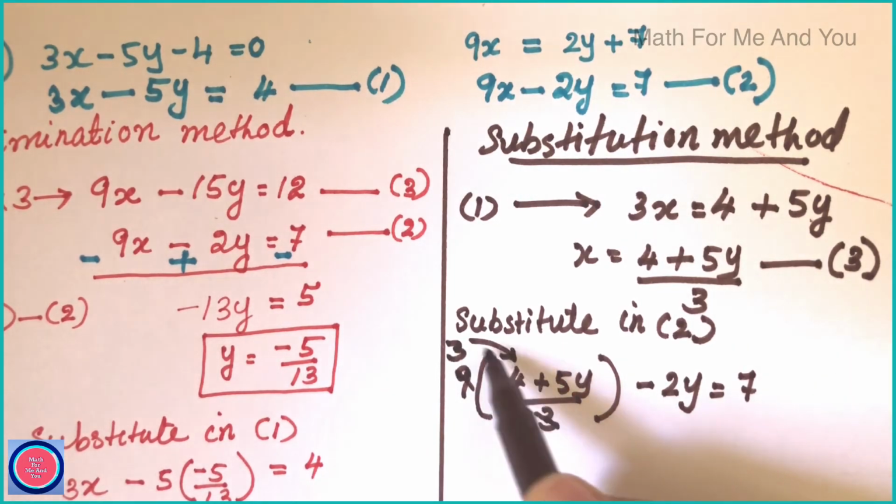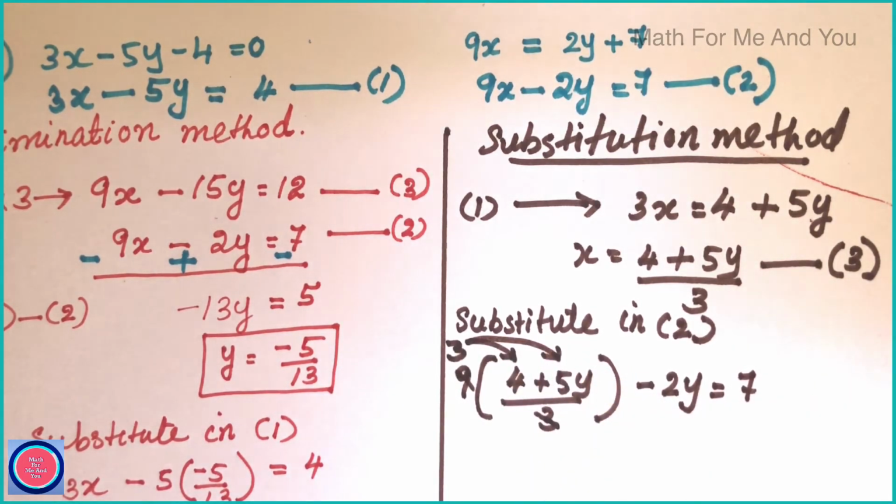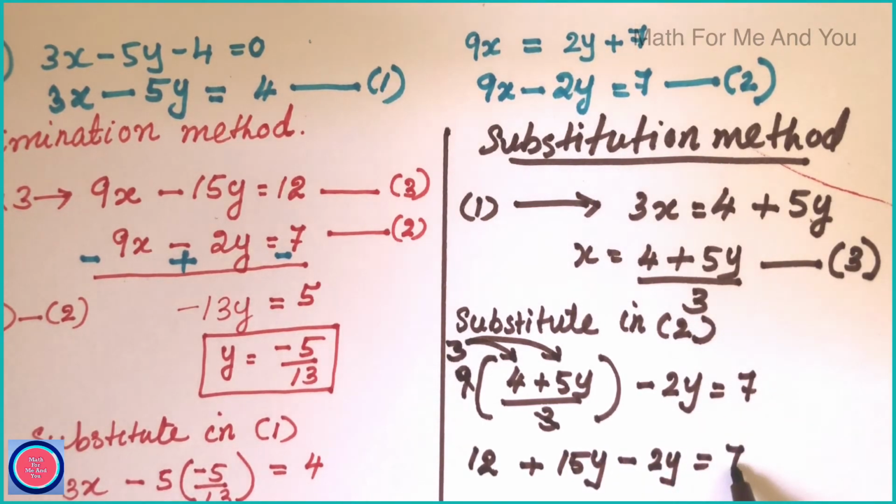Remove the bracket: 3 times 4 and 3 times 5y. So we get 12 plus 15y minus 2y, equal to 7.